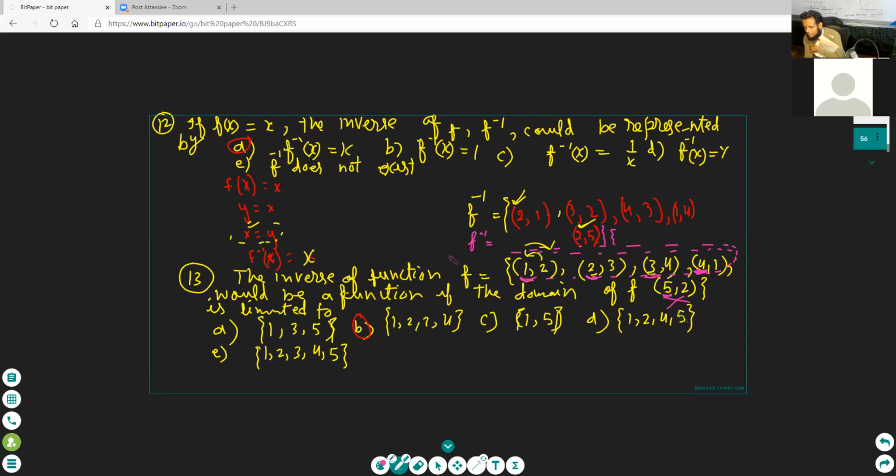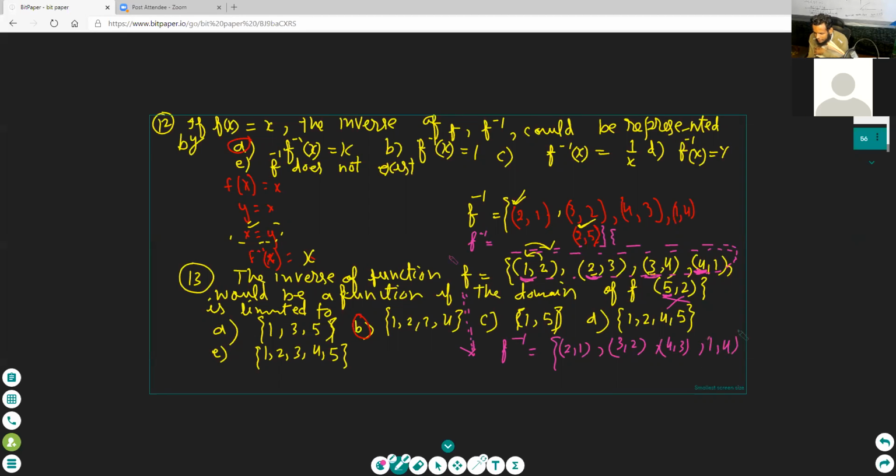When we limit the domain, it will be a function, because f inverse, when the domain is limited, is (2, 1), (3, 2), (4, 3), (1, 4).